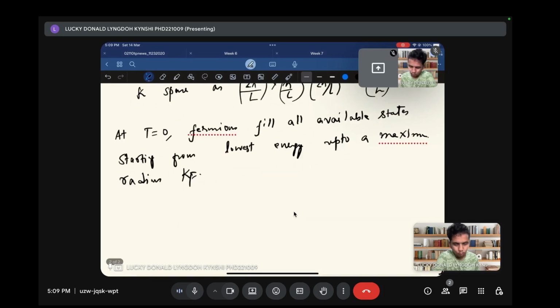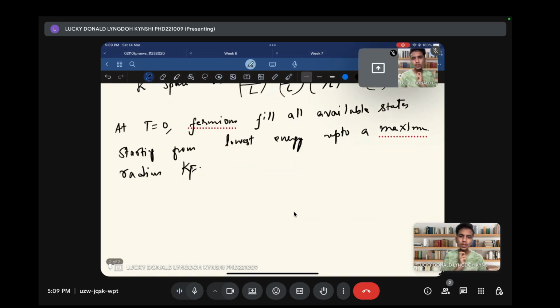What does it mean? Depending upon the number of states available, you start filling from the lowest energy up to the maximum that you can have.